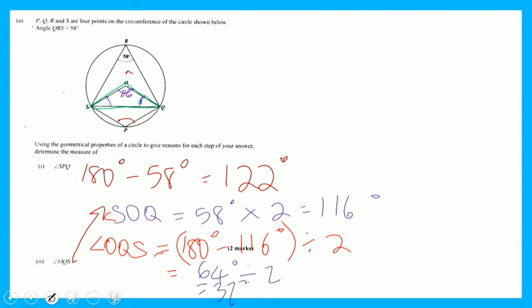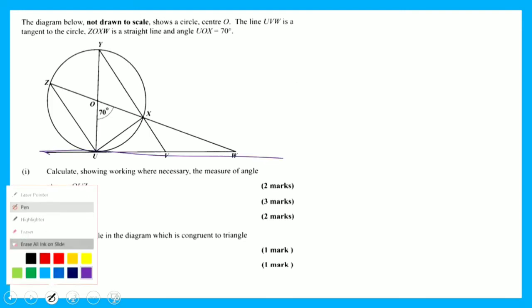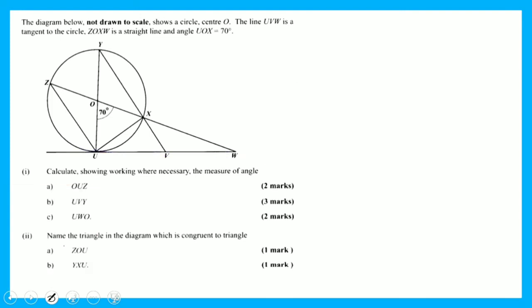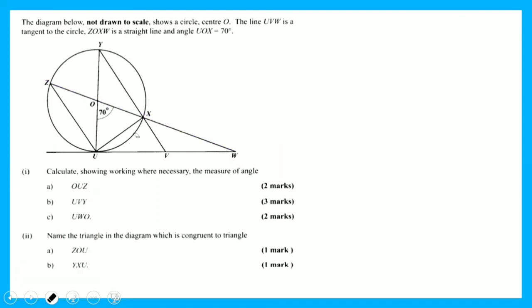All right, we can probably do just one more. It says, diagram shows a circle center O. The line UVW, as we can see, is a tangent to the circle right there. And ZOXW right here is a straight line, and we have UOX being 70 degrees.